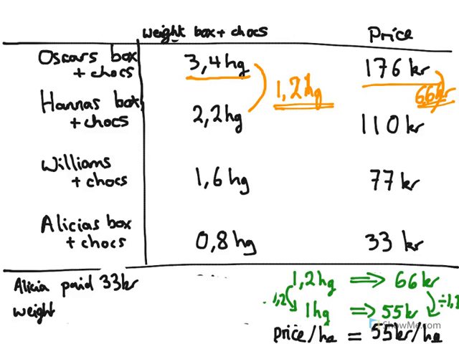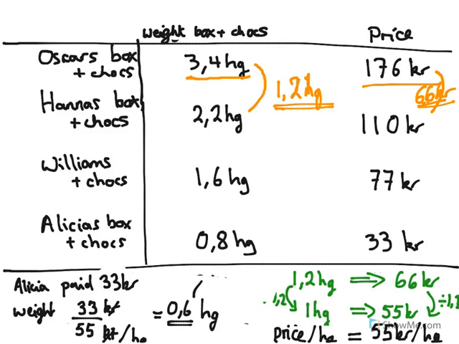The weight of chocolate that Alicia paid for is 33 divided by 55. She paid 33 kronas. She paid 55 kronas per hecto. The kronas disappear. The hecto is under a double divide, giving us the number of hectograms that she gets as being 33 divided by 55. That is 0.6. 0.6 of a hecto is the weight of chocolate that Alicia got.